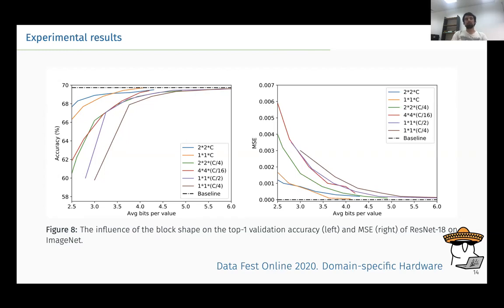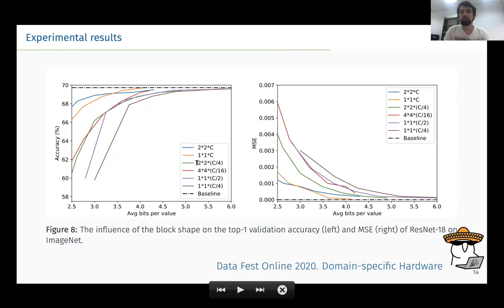This is obviously beneficial from a computational point of view, but we wanted to check whether it's good from a compression point of view too. We calculated accuracy as a function of bits per value for all those approaches without taking into account computational complexity.